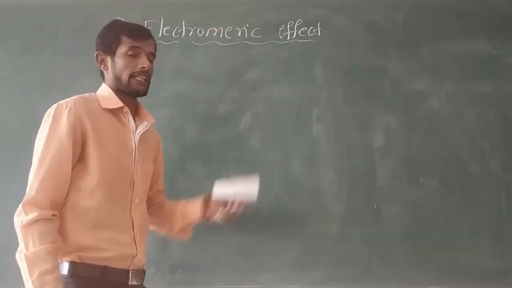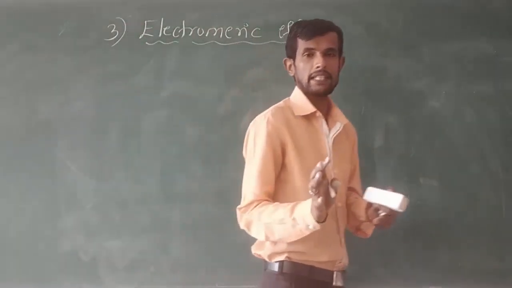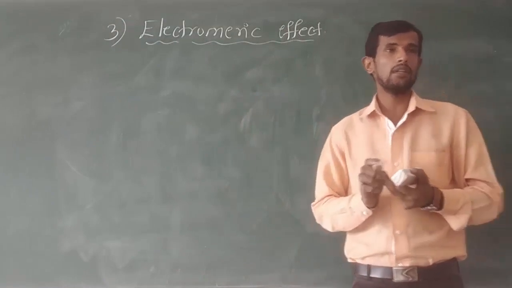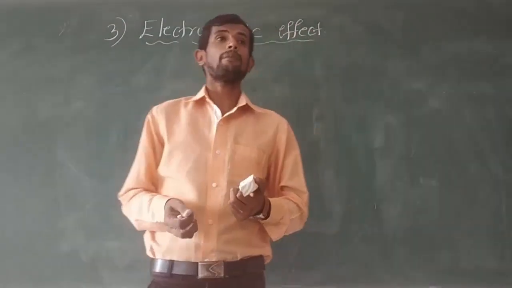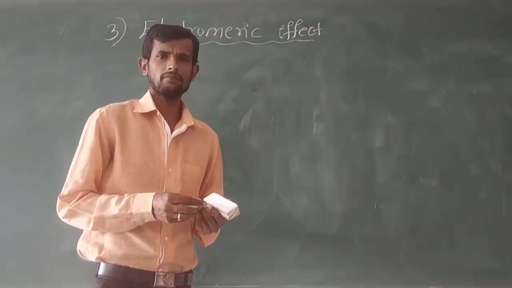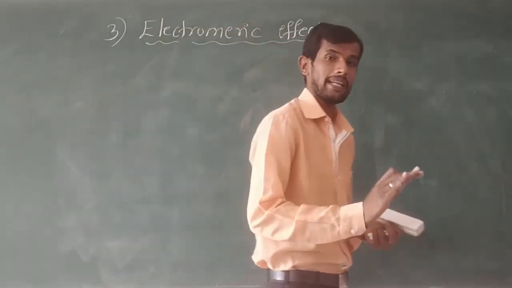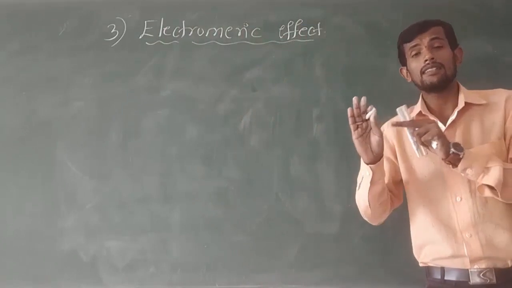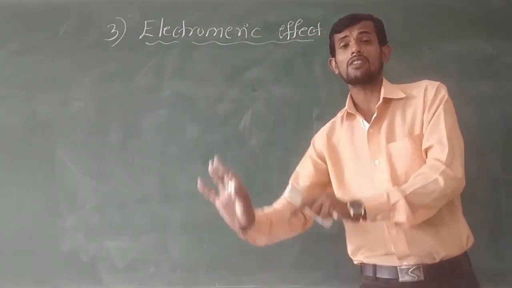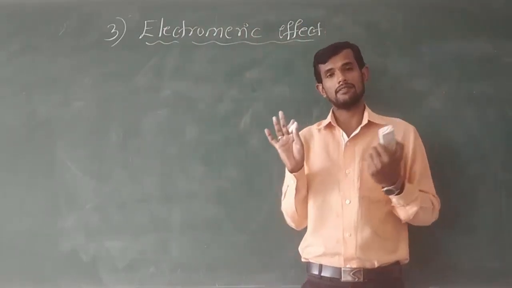Yes, electromeric effect is a temporary effect produced in a molecule due to the transfer of pi electrons of a double bond to one of the bonded atoms, but this takes place in the presence of an attacking reagent. That is very important.